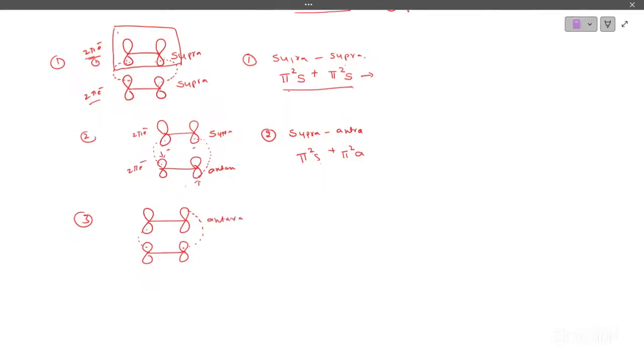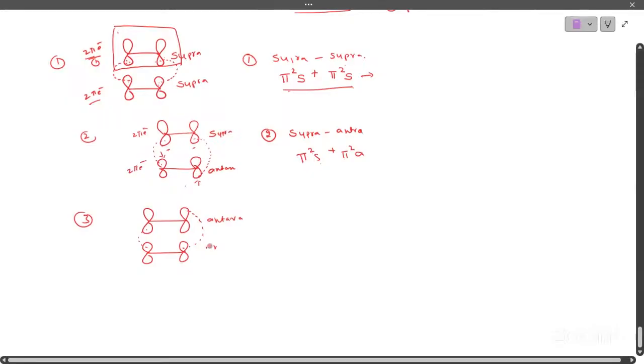Now hide the first phi system. Observe in the second phi system. Both the lobes are on the same side. Therefore, this is supra. Therefore, the third stereochemical mode is antara-supra.